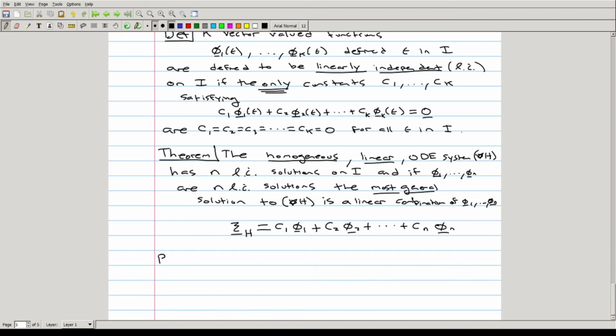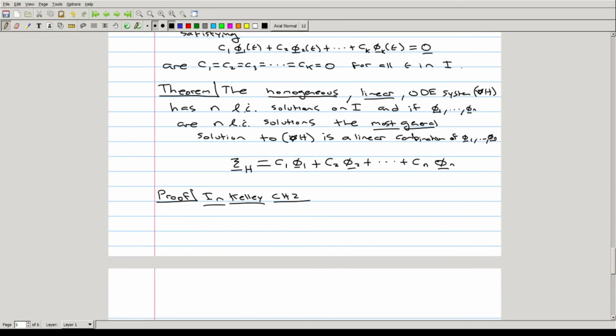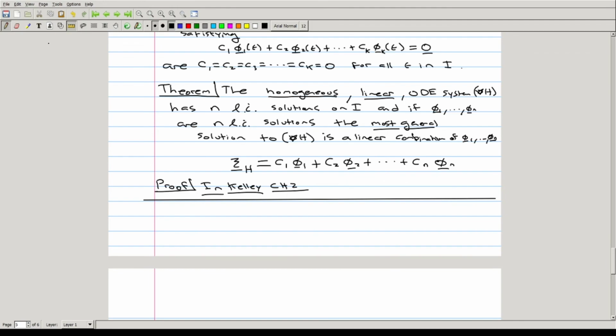And like I said, the proof of this theorem is in the Kelly book, Chapter 2. So this is really neat, and essentially is another example of the superposition principle. If we go through and try to verify that a given linear combination will in fact be a new solution to our system of ODEs, we can do this directly.